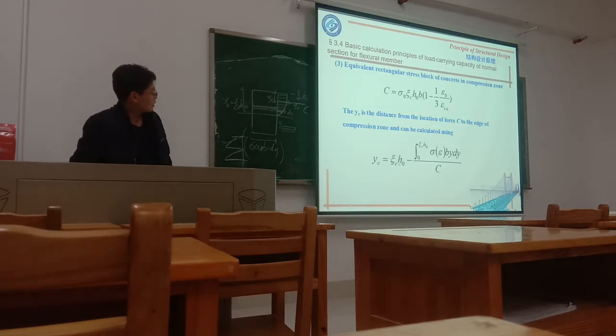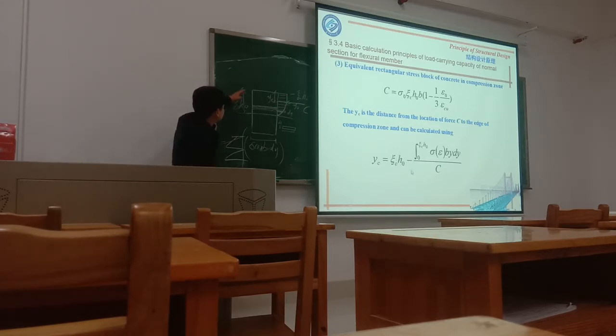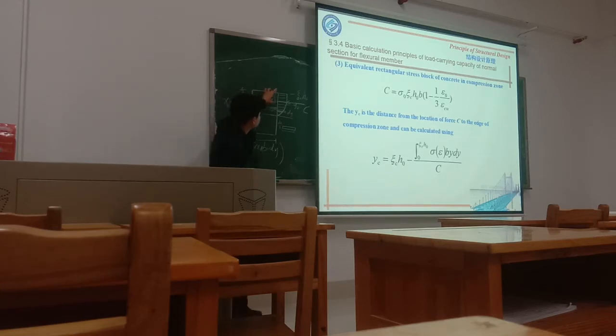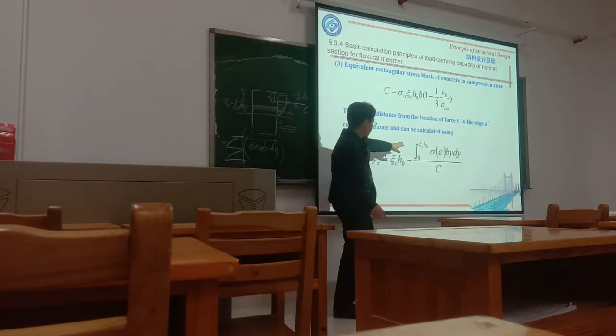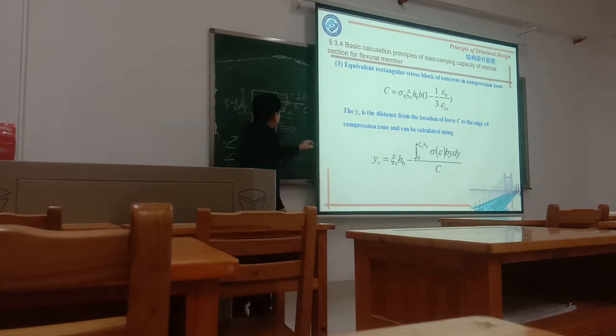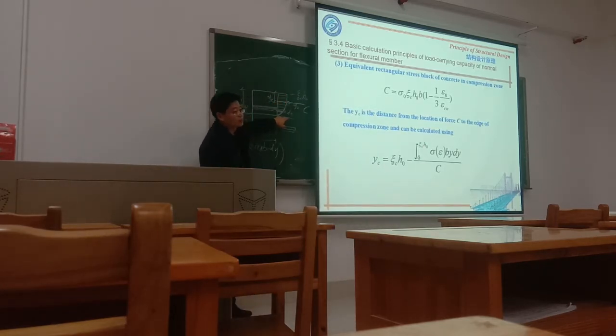Sigma, cos C is 0, equal to the total height of the compression zone, and where C is this part. So this value is the point, actually the point of the force to the neutral axis.